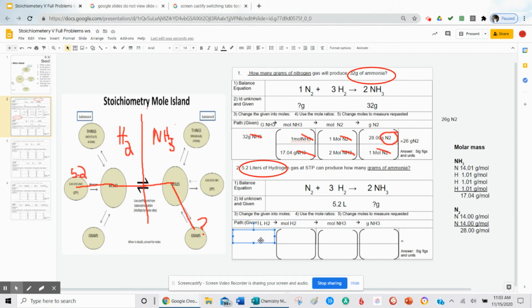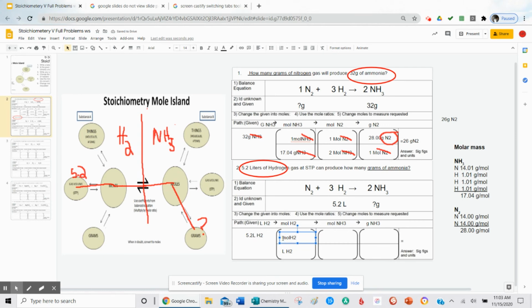And we always start with our given. And our given is 5.2 liters of hydrogen gas. Now, I don't want liters of hydrogen gas, so I'm going to put it on the bottom, and I am going to go to moles of hydrogen gas.